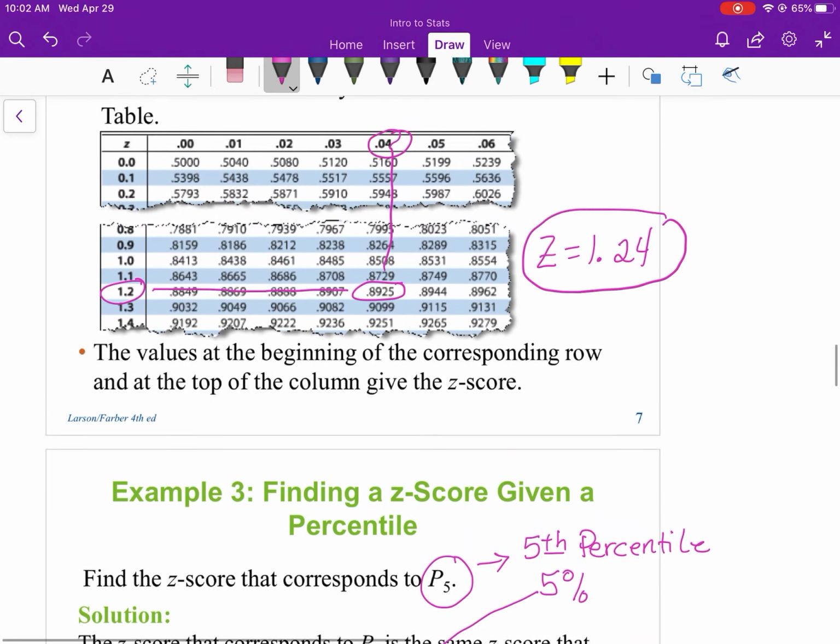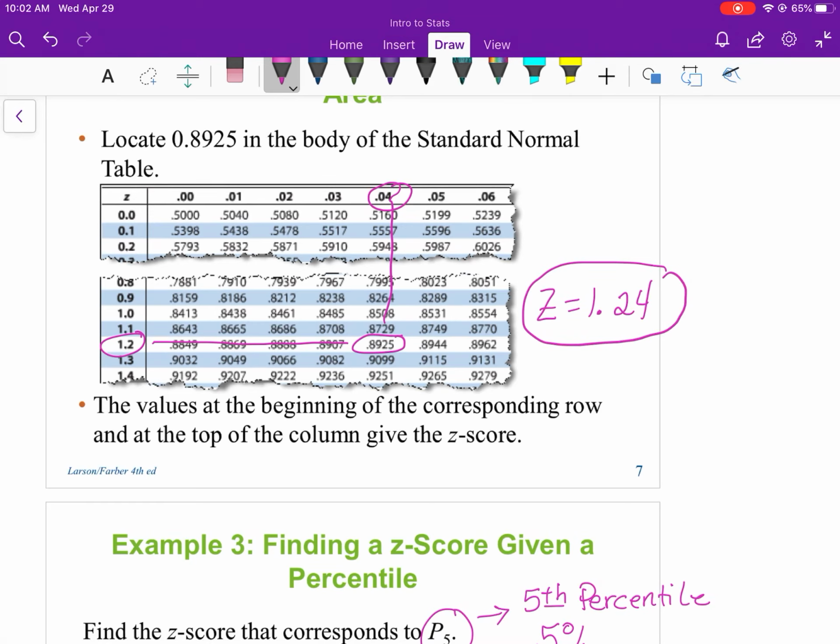Let's go back up here for a second. What if your area was 0.8236? You're going to be looking for that in your table. Is there an area that's exactly 0.8236? I don't see one, but I see that this one's super close. If there's just one that's close and there's not two that are the same distance away, you're just going to use that z-score.